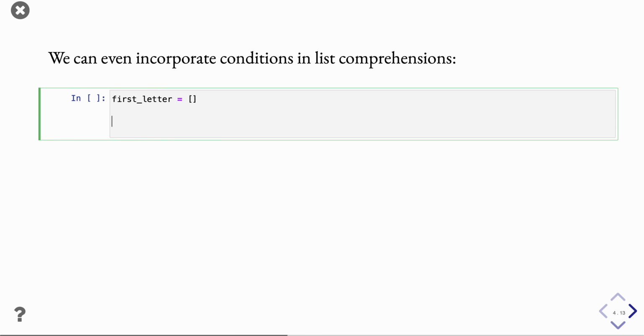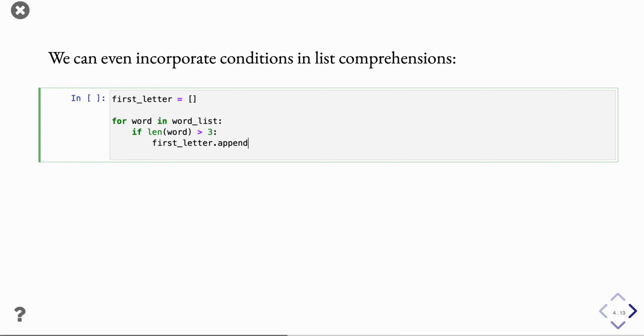The way you do this in a loop would be: for word in word_list, we write a conditional, if len(word) is bigger than, let's say, 3, a random number, first_letter.append(word[0]). So now this will be entering this block and actually append the letter only when this condition is met. If the word is too short, we just skip that word and go to the next one.